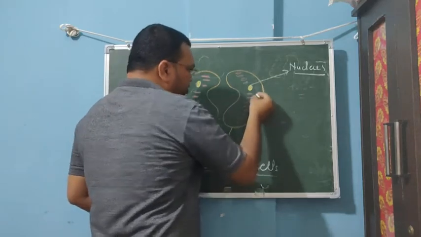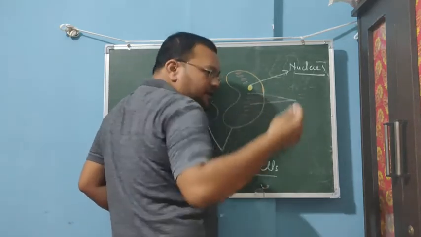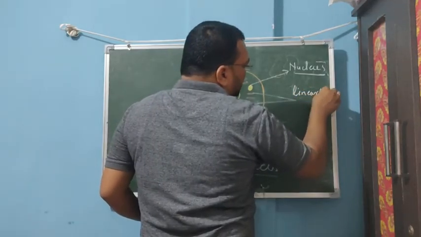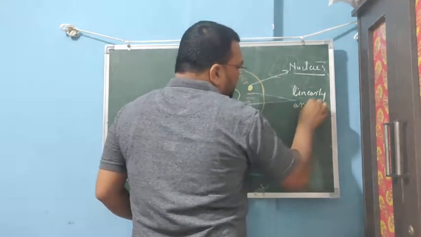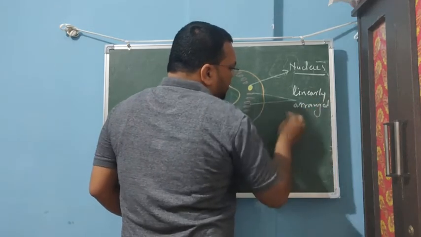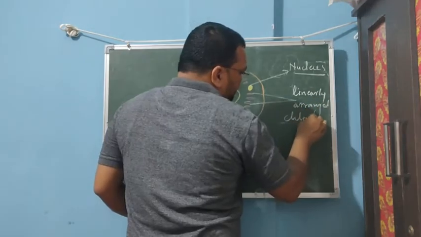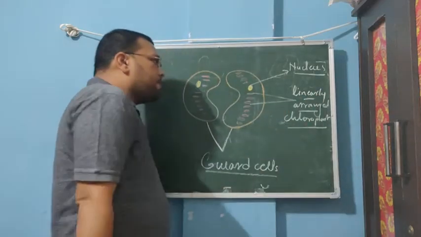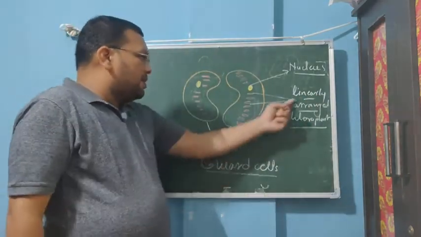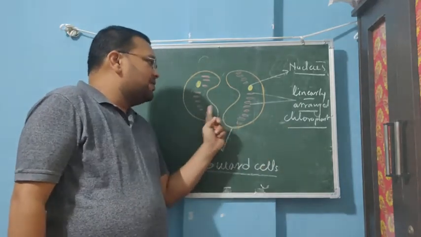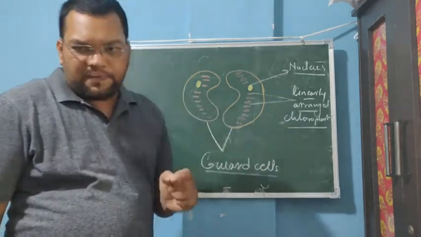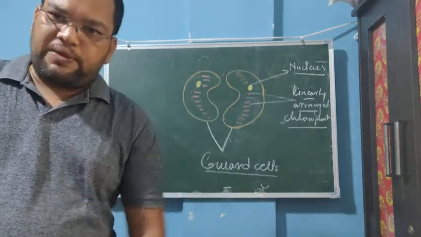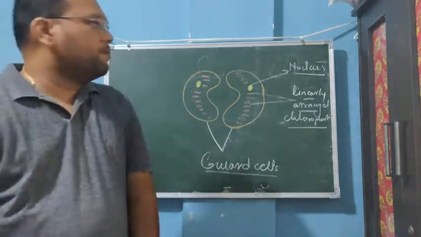The chloroplasts are linearly arranged, in a line. The two guard cells play a very important role in the opening and the closing of stomata. I am going to explain what the opening and closing of the stomata is.